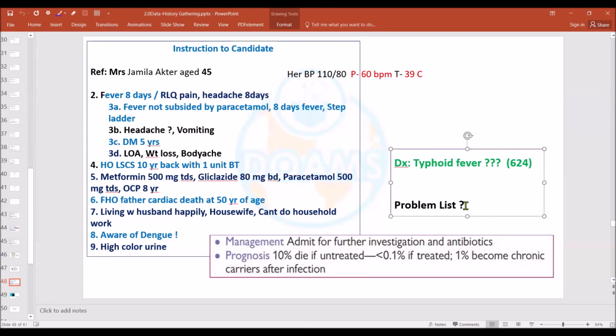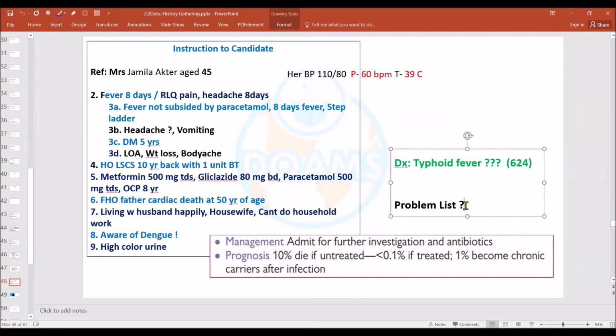We discussed many times before what mistakes candidates usually make in the management part, maybe available on YouTube also. In the management part, you include idea, concern, expectation, including smoking, alcoholism or other problems, even financial problems. The patient doesn't have money for further tests and others. In this way, you need to write the problem list.